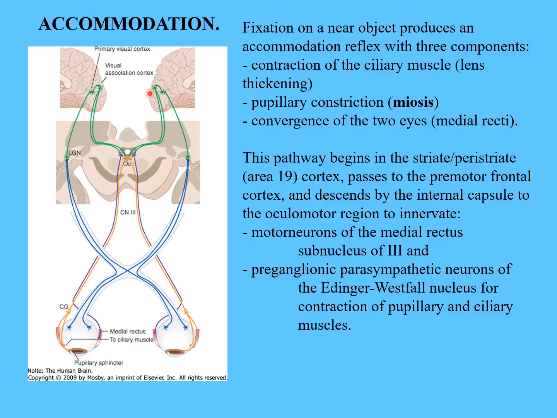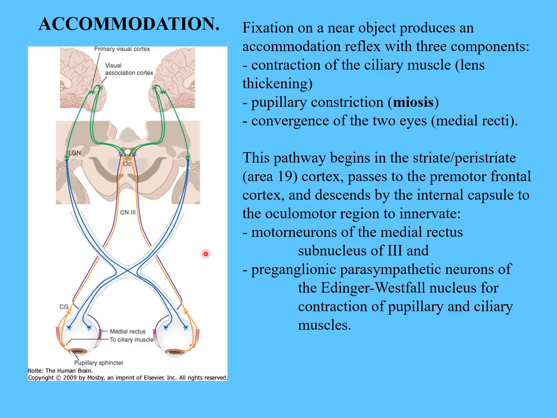So it starts out in the visual cortex, goes to the premotor frontal cortex, and from the frontal cortex it comes down through the internal capsule, through the corticobulbar fibers, to the oculomotor region of the third cranial nerve and the motor neurons of the subnucleus of the third cranial nerve that control activation of the medial rectus.